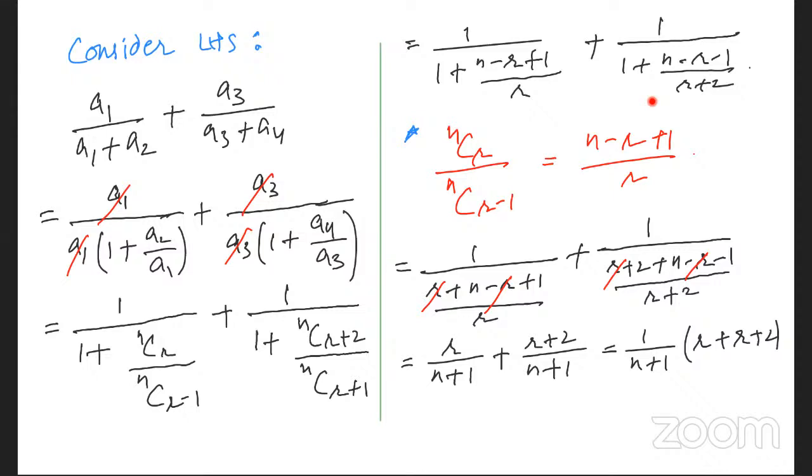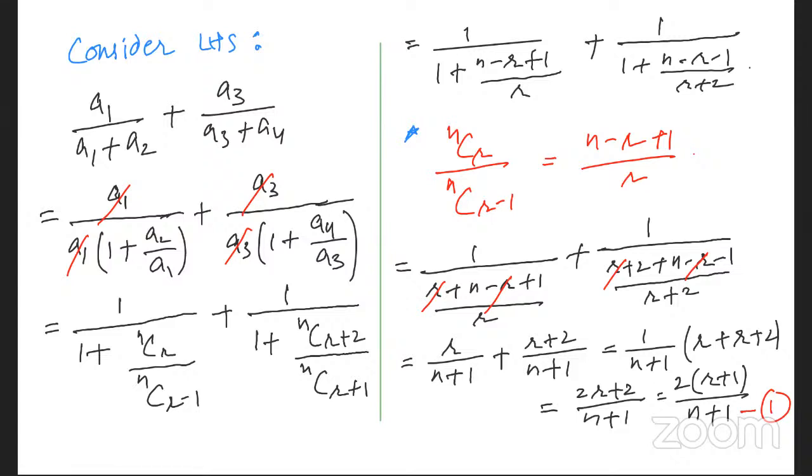So this is equal to 2(r+1)/(n+1). Say this is equation 1.